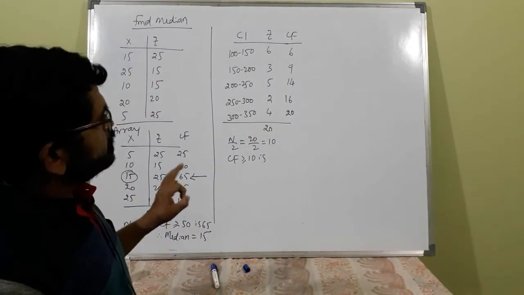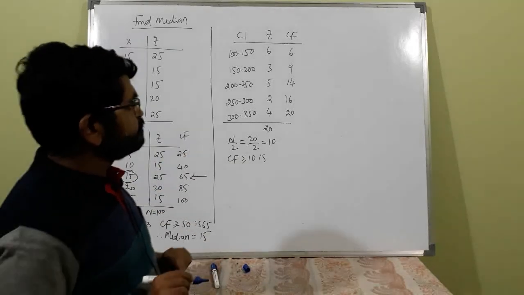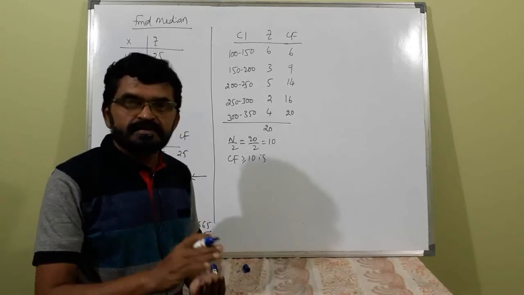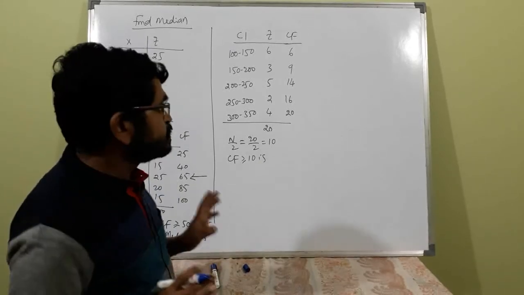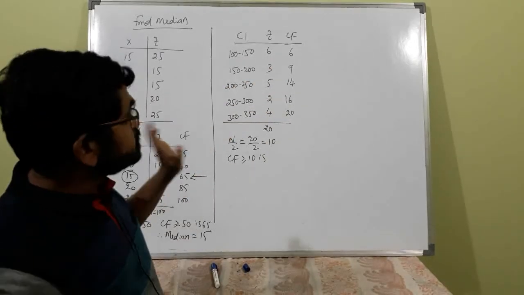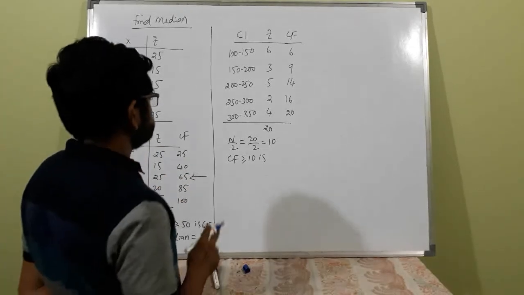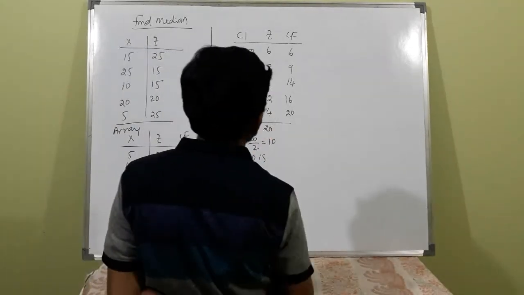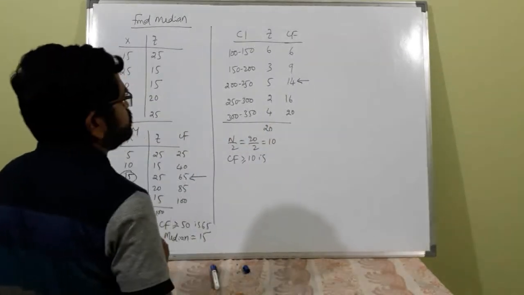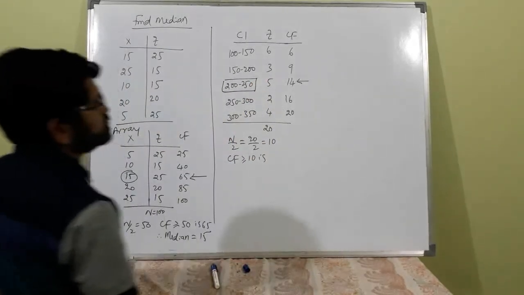See, while computing the median, you require the median class, not midpoints, fx column and all. The only column required is the cf column. This is essential. Cf greater than or equal to 10 is 14. Corresponding to this is the median class.